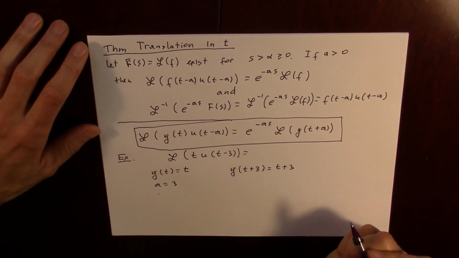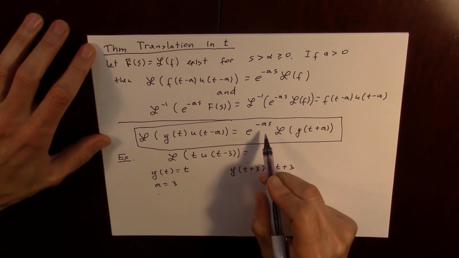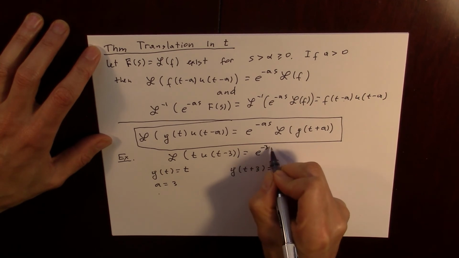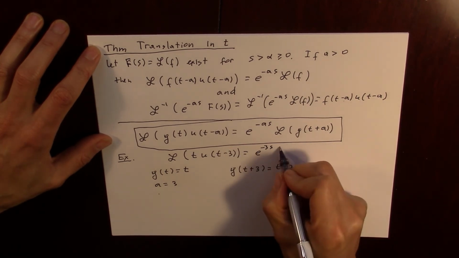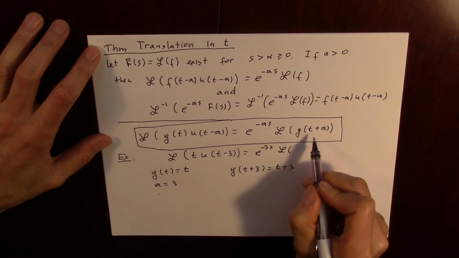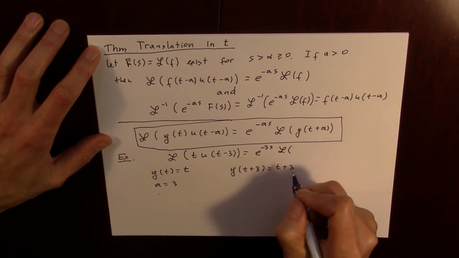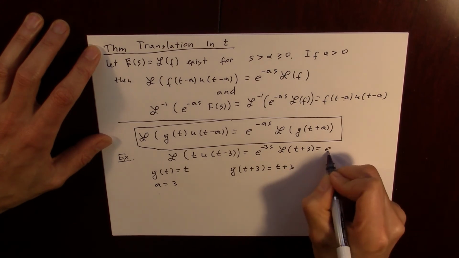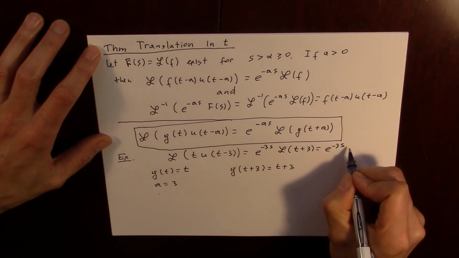So if you use the previous formula, you're going to get e to the negative 3s times the Laplace of g of t plus a, which is t plus 3.